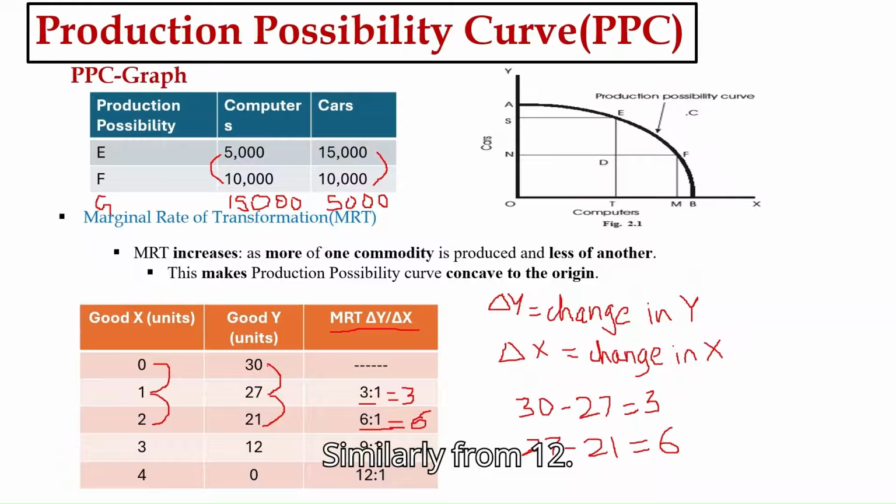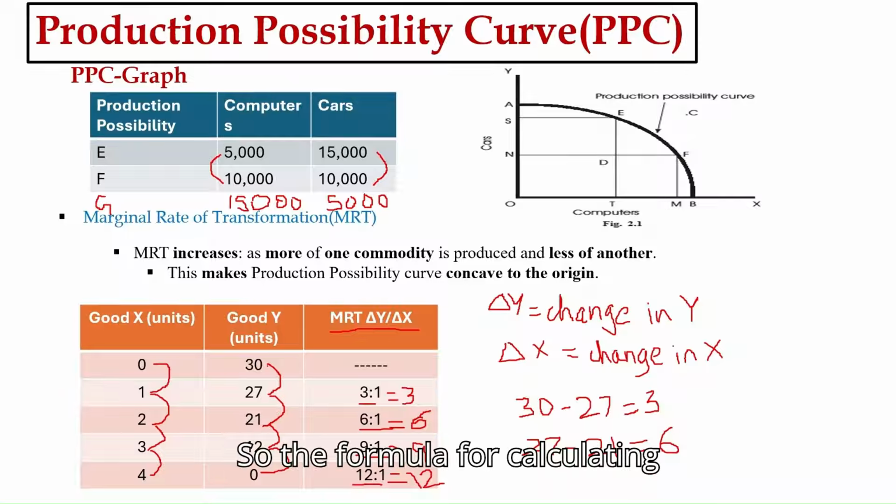Similarly, from 21 to 12, the change is 9. Commodity X goes from 2 units to 3 units, a change of 1, which means 9 to 1, which is 9. And finally, 12 to 0, so 12 minus 0 is 12, and X goes from 3 to 4, that means 4 minus 3 is 1. So 12 to 1, which is nothing but 12.